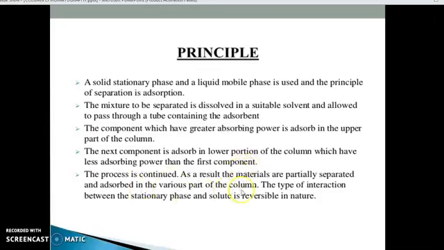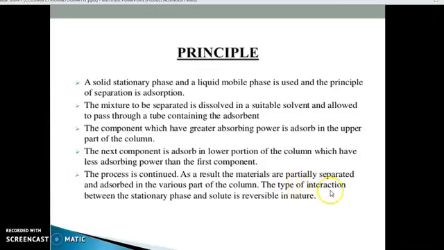This process continues until the different components get separated from one another.